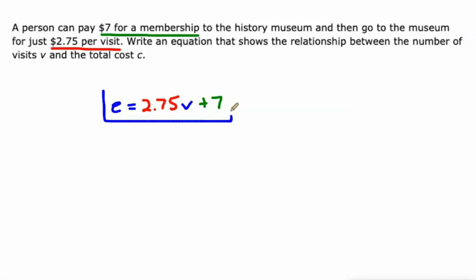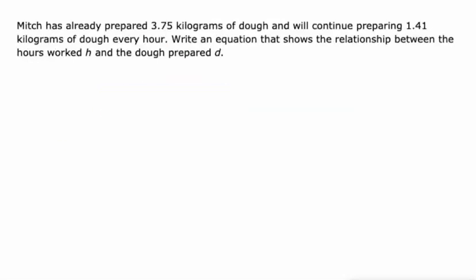Let's do one more of these. Mitch already has prepared 3.75 kilograms of dough and will continue preparing 1.41 kilograms of dough every hour. Write an equation that shows the relationship between the hours worked H and the dough prepared D. So the kilograms of dough is dependent on the hours worked, so that's going to be our dependent variable, kind of like Y normally is.